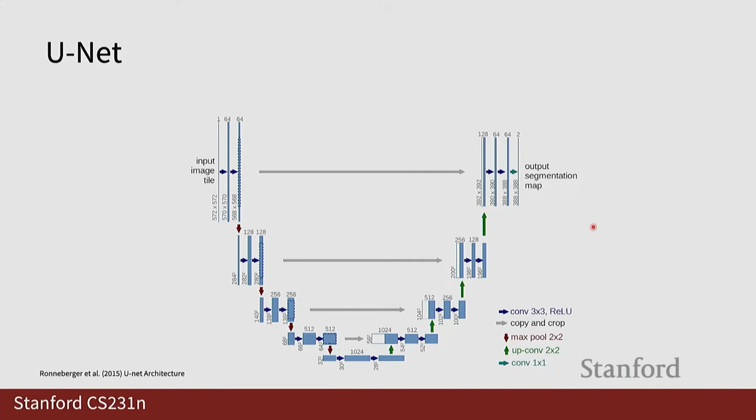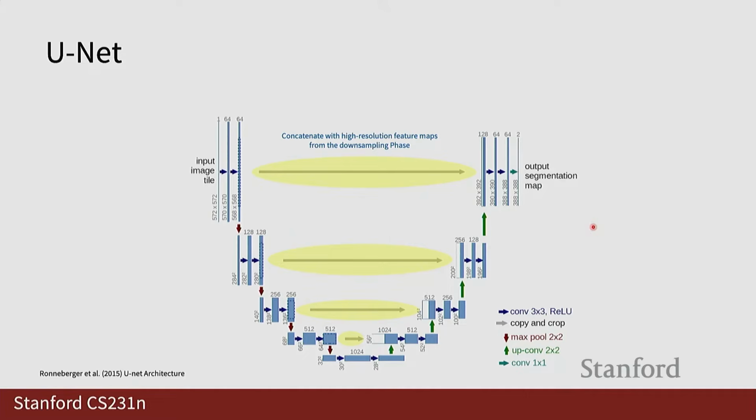So what it does is exactly what we explained. A downsampling phase that increases the field of view and loses some spatial information, and then an upsampling phase that goes back to the image resolution. The only difference UNet has is that, because it's used for segmentation, we need to keep the spatial information on the decoder side.